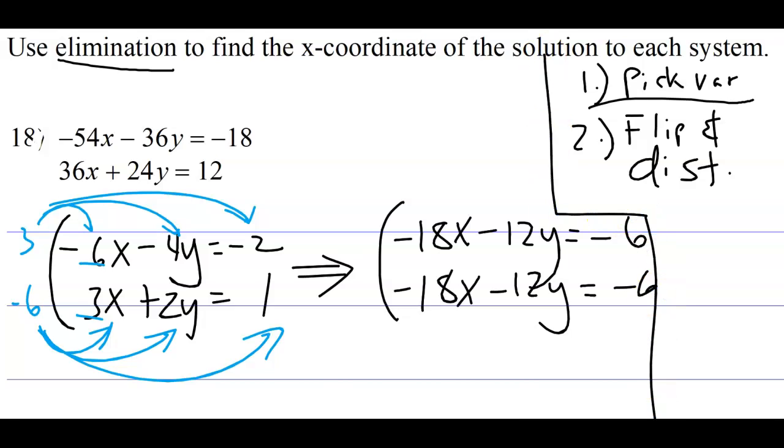However, there is a third step. The third step is to change the signs in one of your equations. So what I'm going to do now is change all the signs in this top equation. You have to do it to all three. And then the fourth step is to combine downwards.